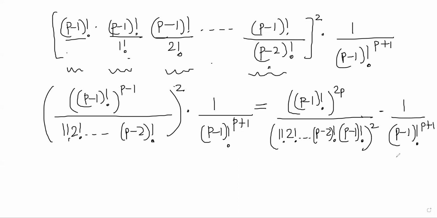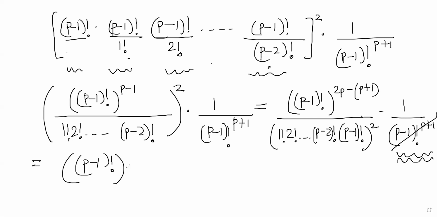So the idea here is that this p minus 1 factorial to the power p plus 1 will cancel here, and it will become 2p minus p plus 1, right? So you will get finally p minus 1 factorial to the power, on top it becomes p minus 1, divided by 1 factorial, 2 factorial till p minus 1 factorial whole square, right?